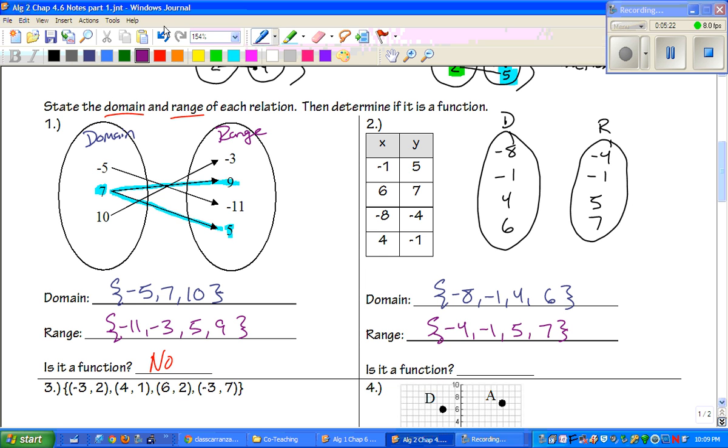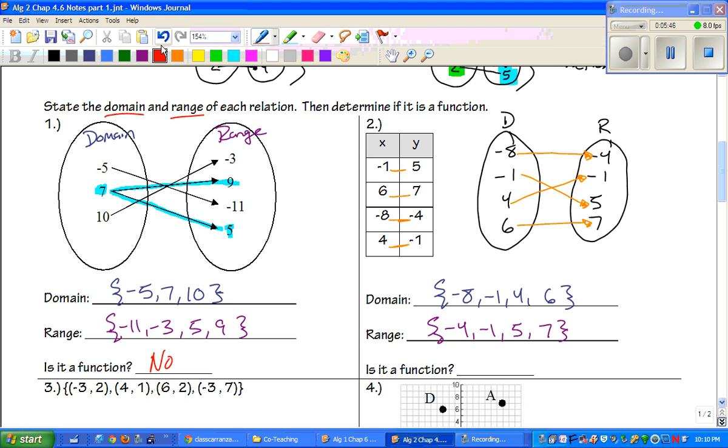And now let's start drawing our arrows to see where everything goes. Well, -8 goes to -4. -1 goes to 5. 4 goes to -1. And 6 is paired with 7.